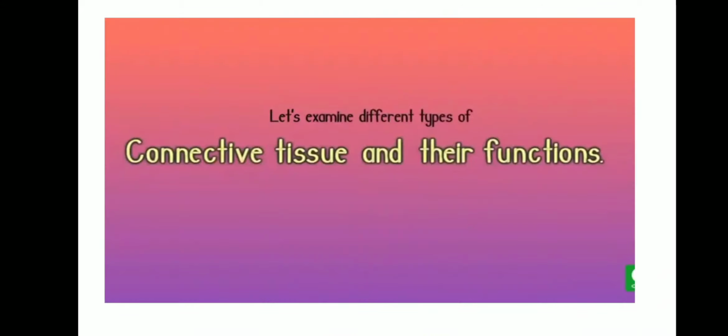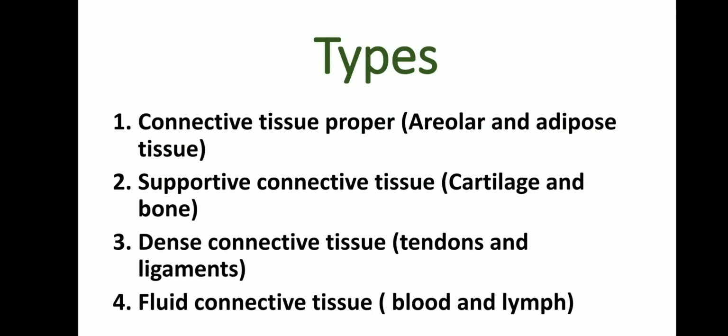Okay, next we are going to see about the different types of connective tissue and their functions. There are four types of connective tissue. 1. Connective tissue proper. 2. Supportive connective tissue. 3. Dense connective tissue. And 4. Fluid connective tissue.